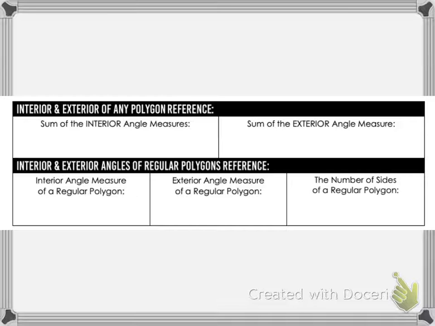Okay, so to sum up the formulas you need, let's change colors. I'm tired of red. It's too correction-y, you know? The sum of the interior angle measures of a polygon is going to be 180 times the number of sides minus 2. The sum of the exterior angles is going to be 360 degrees.